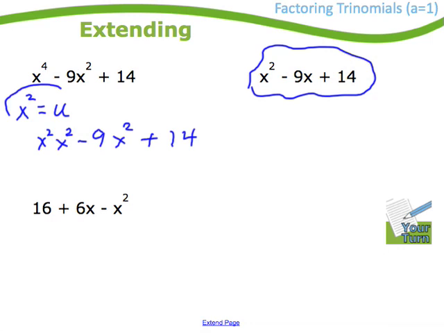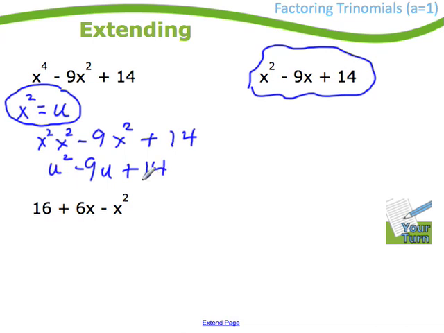This little trick says everywhere I see an x squared, replace it with a u. So here's a u and there's a u, so that'll be u squared minus 9. Here's an x squared, so that'll be a u plus 14. Hopefully you're catching that. That's a little bit tricky to do.